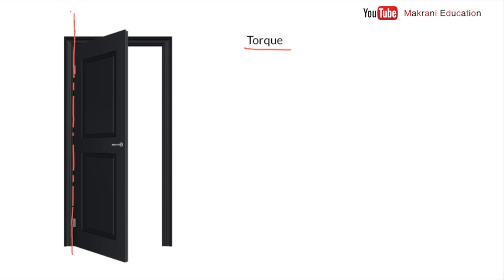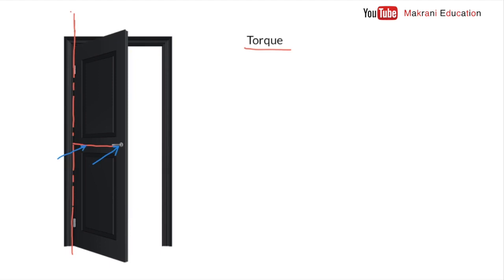And if I talk about perpendicular distance, then perpendicular distance is this. Okay. Here you can apply force on two sides. We will consider an example. Suppose you are applying force here to close this door, and you are applying force here to close this door.